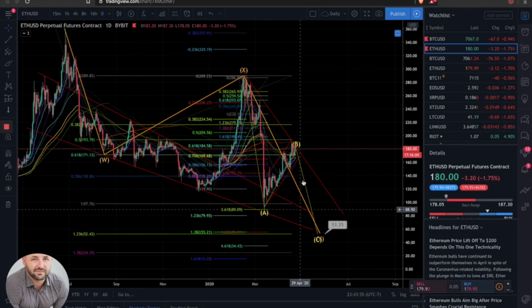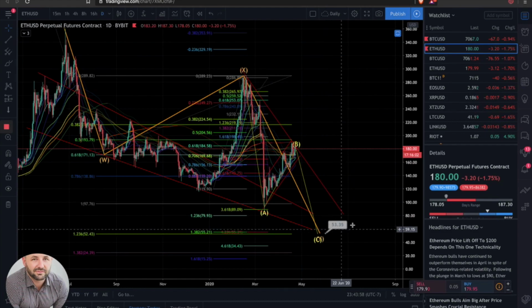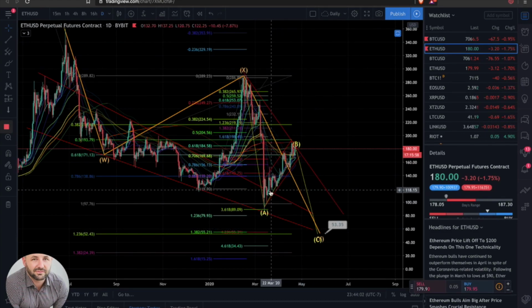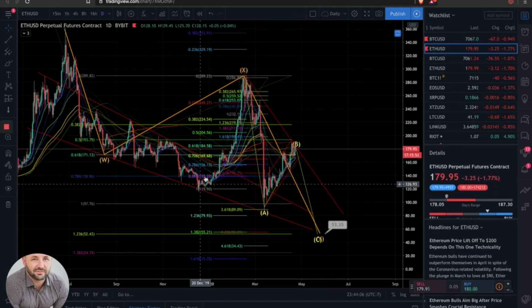If I am looking for one more leg down, and I've been talking about that leg down for a while, it's because this overall move right here has been corrective in general. You can see right here we did have a good C wave.